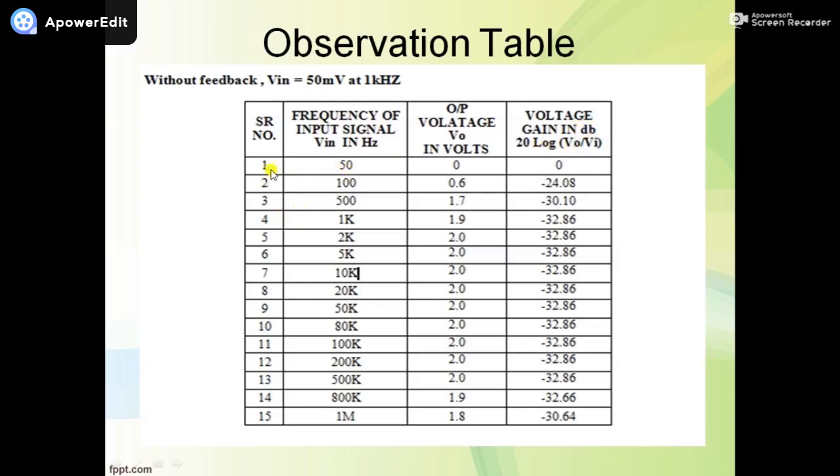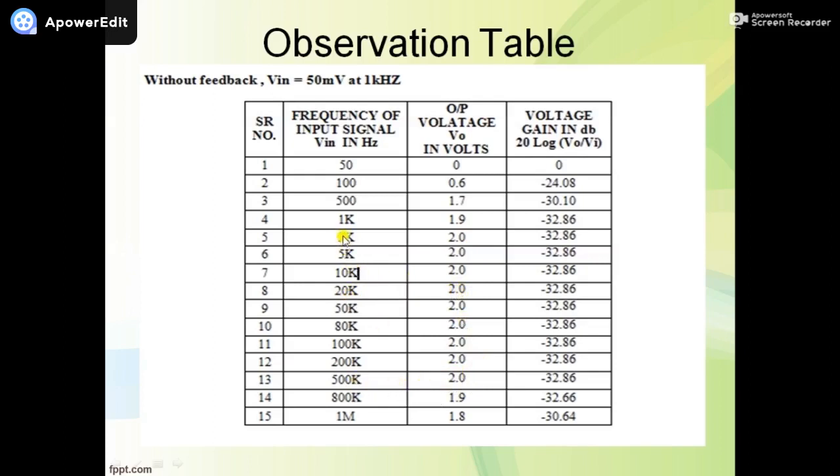See here, in the first reading, when I give 50 hertz, the output is 0, the gain is also 0, and for the second reading, 100 hertz frequency, the voltage is slightly increasing from 0 to 0.6, the gain also increases, and if I give 500 hertz frequency, 1.7, for 1k 1.9, for 2k 2 volt, for 5k 2 volt, for 10k 2 volt, for 20k 2 volt, and this 2 volt is constant up to 500k.